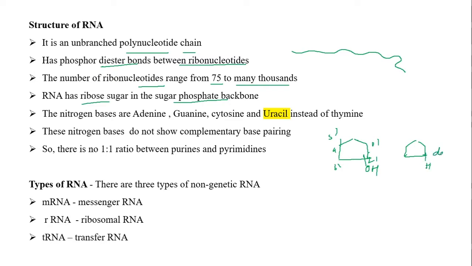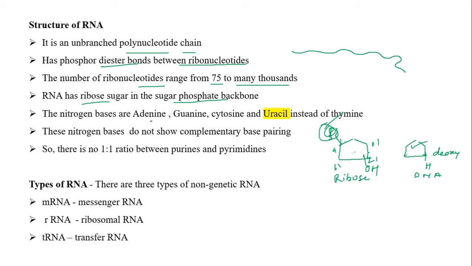That is why this is deoxyribose sugar which is seen in DNA, and this is the ribose sugar which is seen in RNA. The phosphodiester bond is seen both in DNA and RNA, but there is a difference in the sugar. One is deoxyribose sugar and the other one is the ribose sugar.